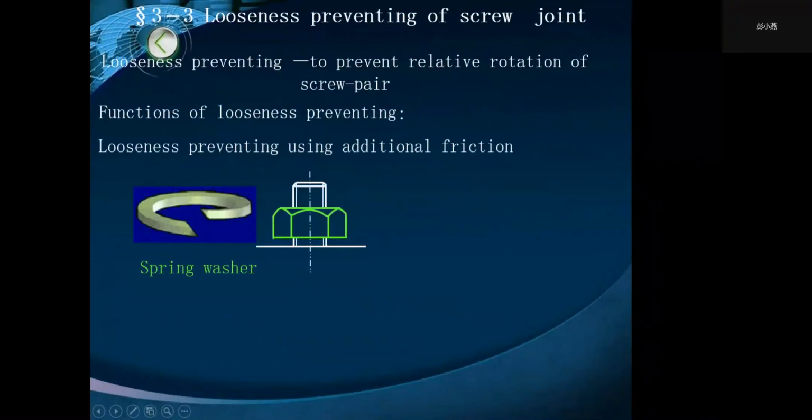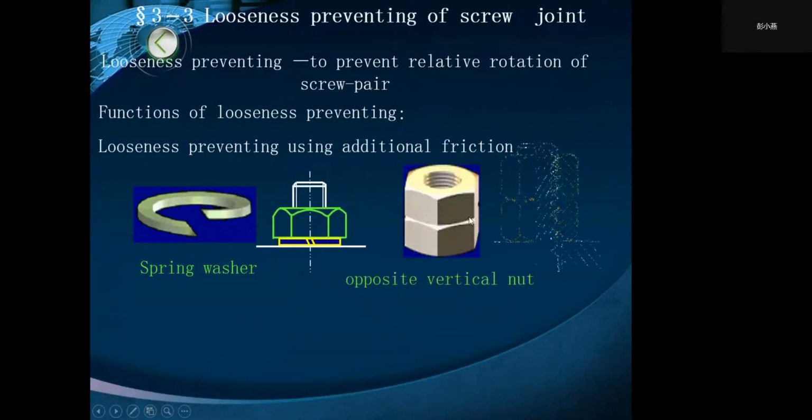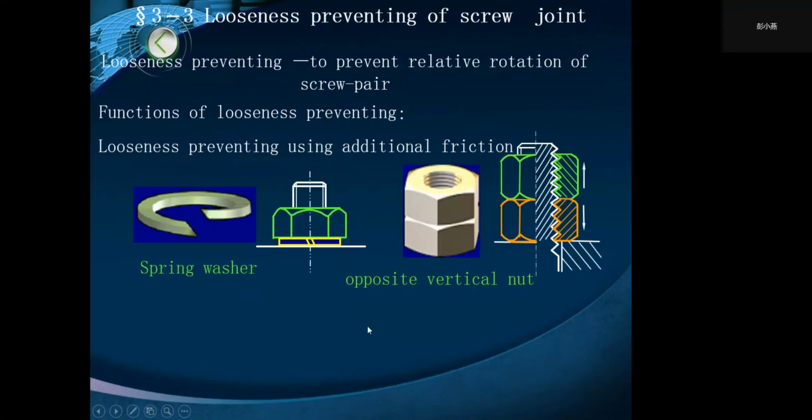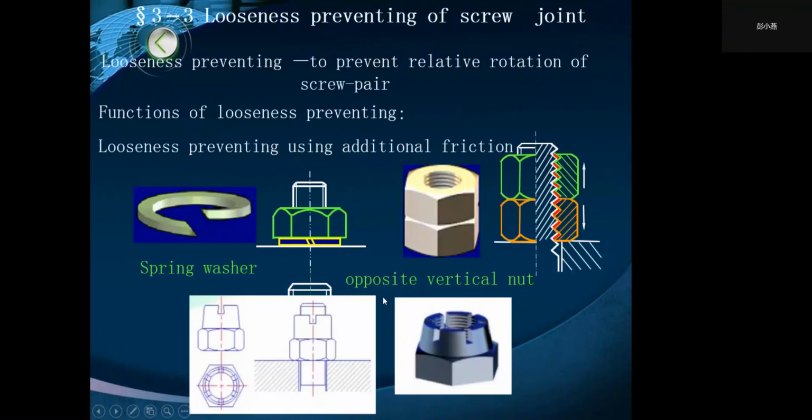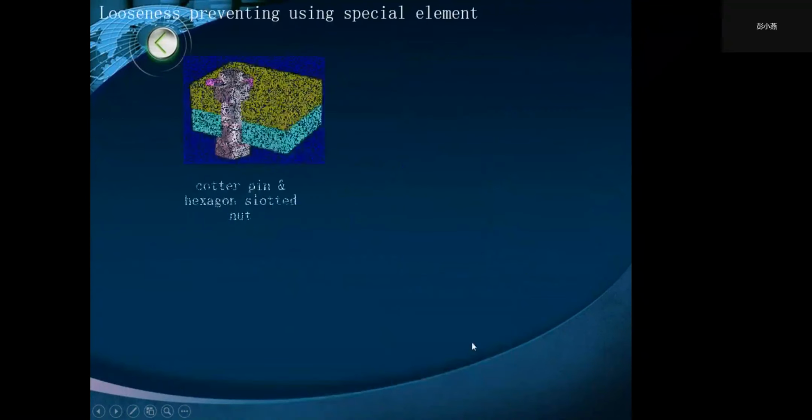Several methods are available to prevent loosening. For example, increasing supplementary friction, such as using chain nuts or double nuts, or using a split helical lock washer.